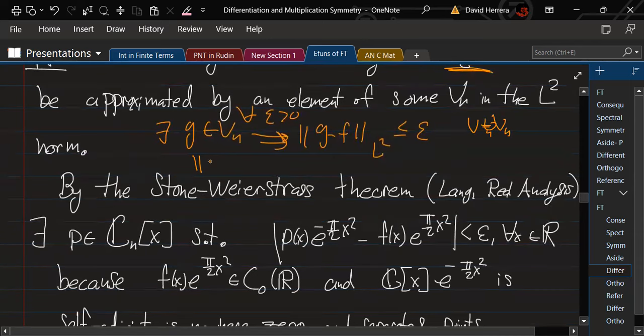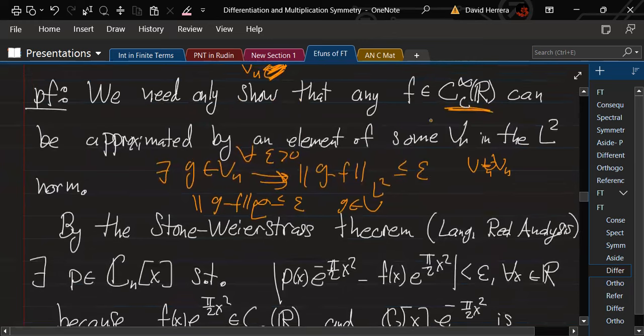What Stone-Weierstrass would say is that the L infinity norm of g minus f is going to be bounded by epsilon for some g in V. But because an L infinity norm bound doesn't give you an L2 bound, you need a small trick to get an L2 bound. You basically need to apply the L infinity bound to something else, not the function. That's why I chose compactly supported functions, because that's what I'm going to do.